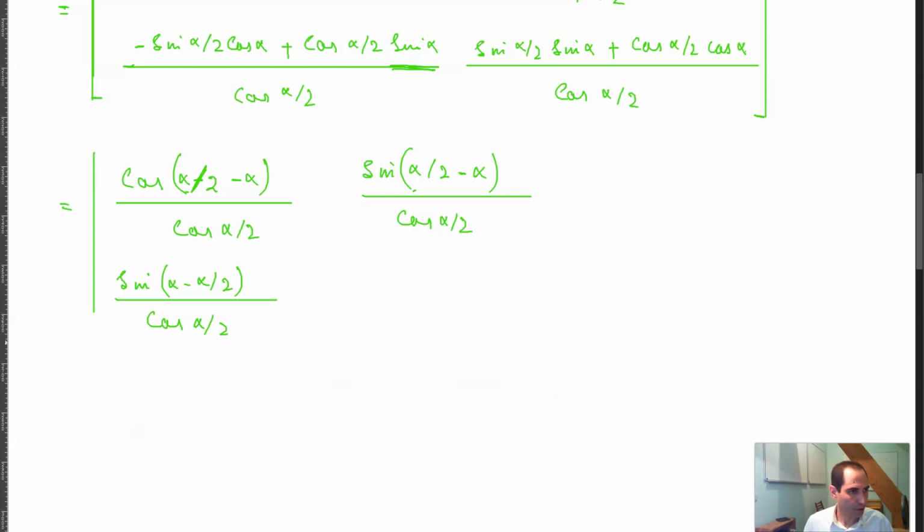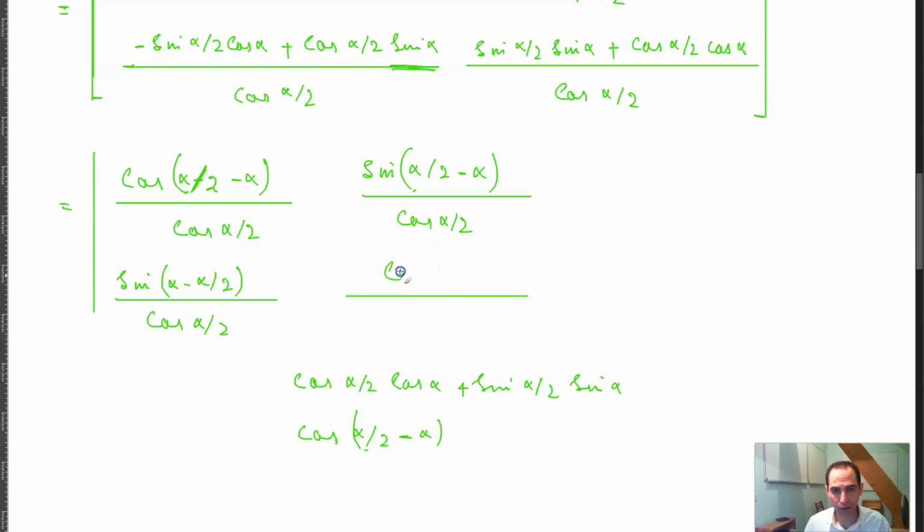The next thing that we have here is basically sine alpha by 2 sine alpha, cos alpha by 2 cos alpha. So you have cos alpha by 2 cos alpha plus sine alpha by 2 sine alpha, which is the same thing as cos of alpha by 2 minus alpha.